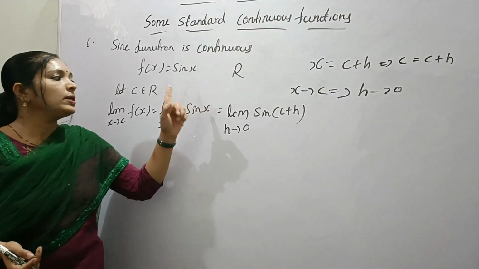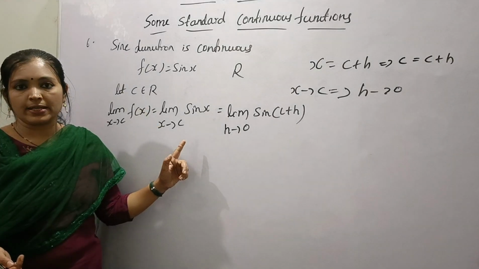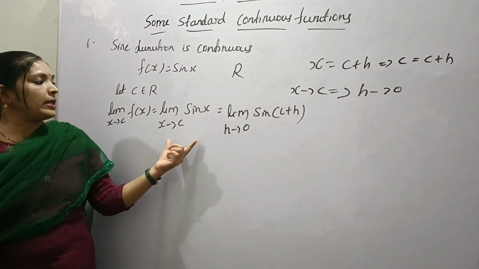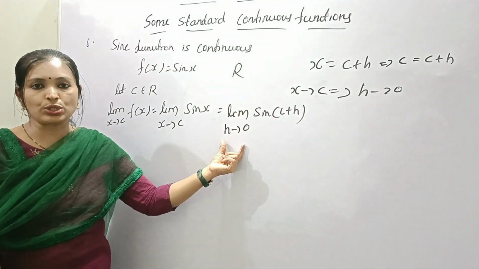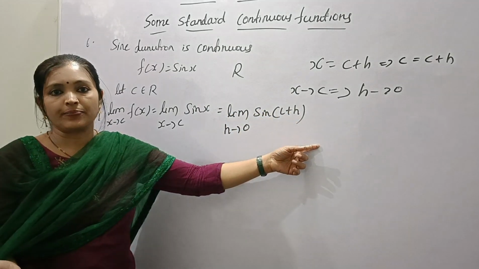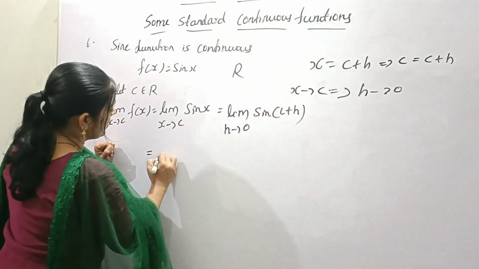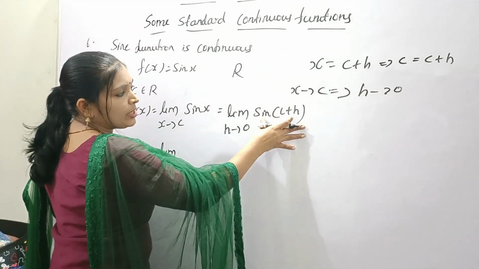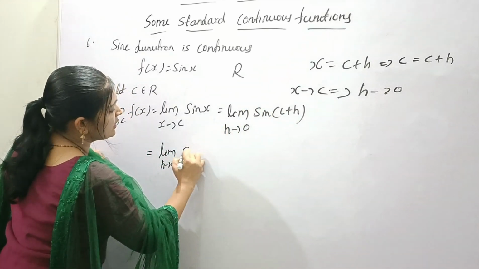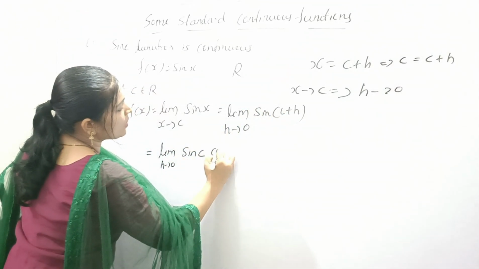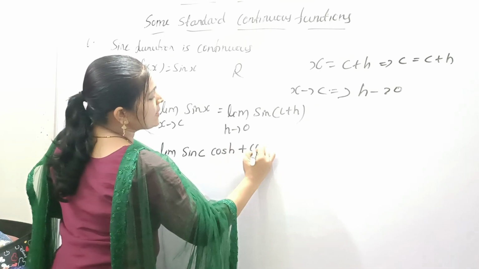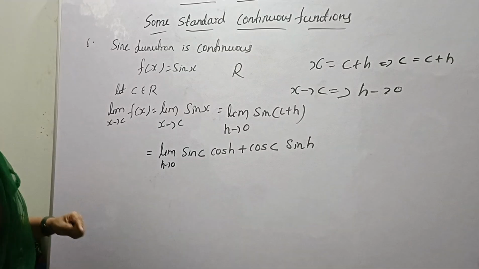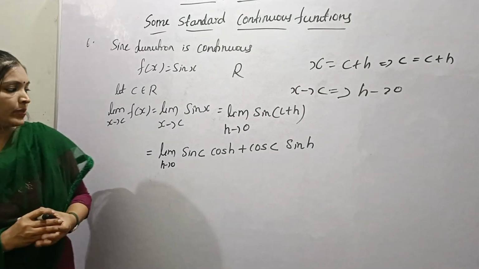Okay, we have put x is equal to c plus h, so that this limit also will be changed. So here, limit h tends to 0 of sin(c plus h). Now, it is of the form sin(a plus b), which is sin a cos b plus cos a sin b.